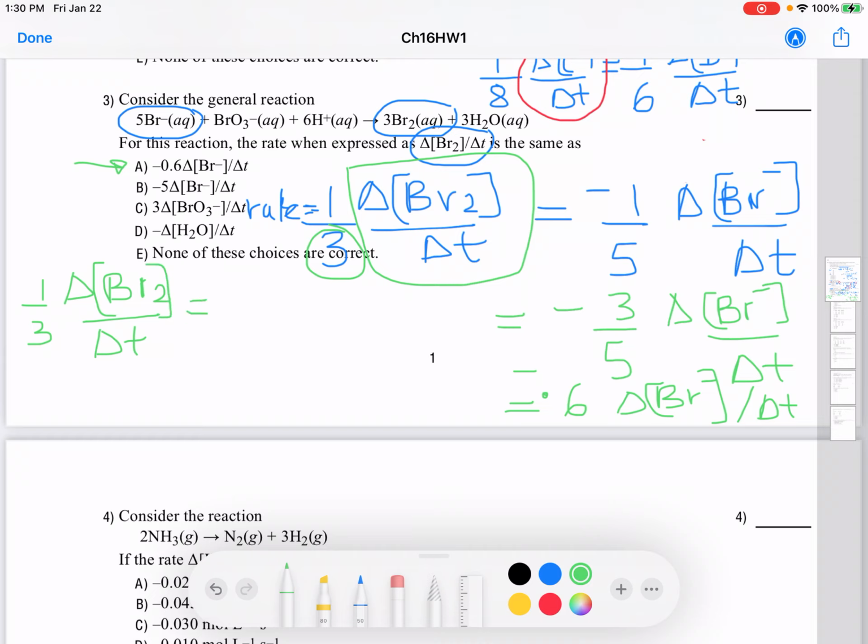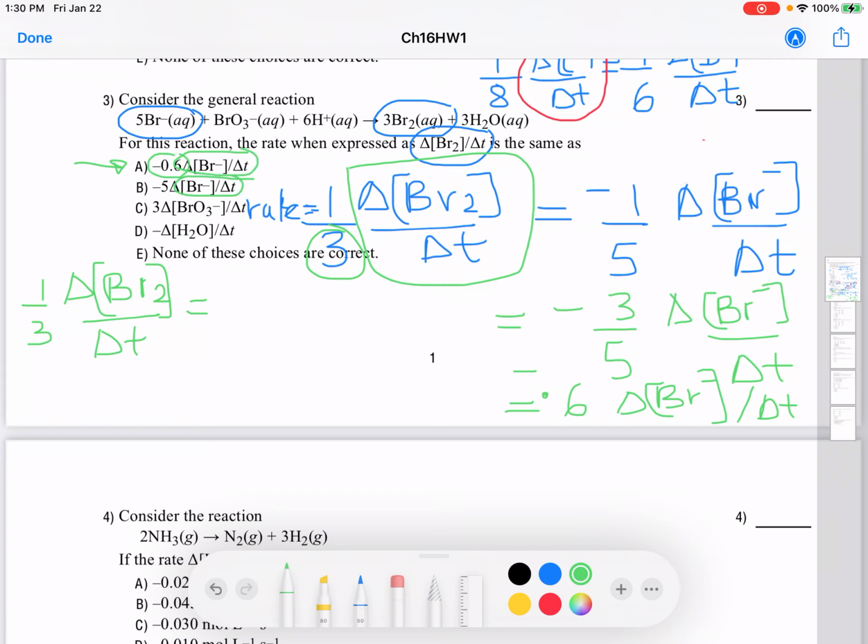Now I'm going to compare it to bromide again. When we did that calculation, it's 0.6, right? It's not negative 5. So these two and these two are the same.